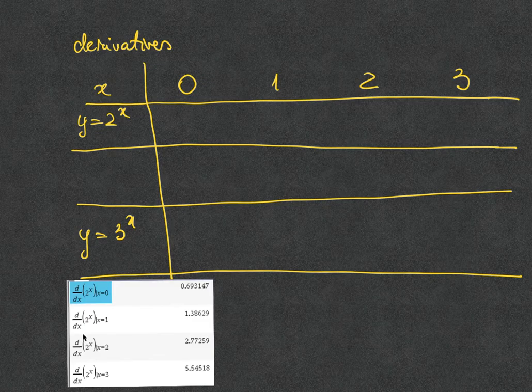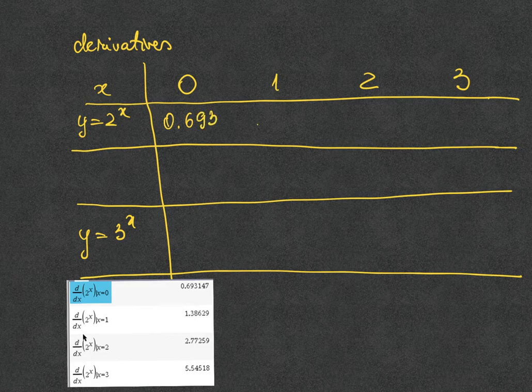Now, in order to be more accurate, instead of taking the derivatives from the movie above and from the graphical representation, I also used a calculator that will give me the values. So the derivative of 2 to the power of x when x equals 0 is 0.693. Let me take 3 significant figures.